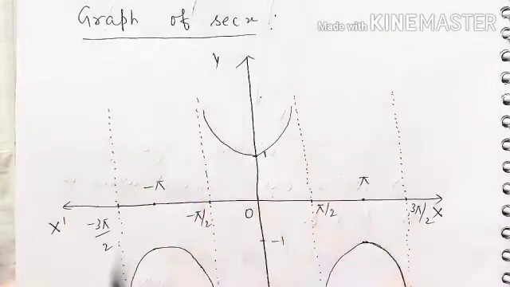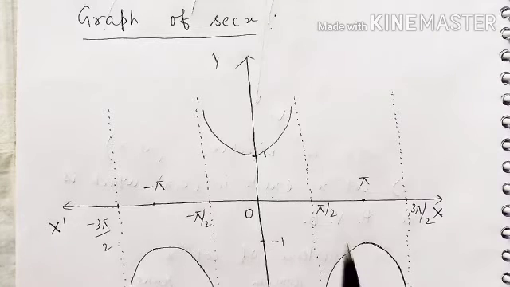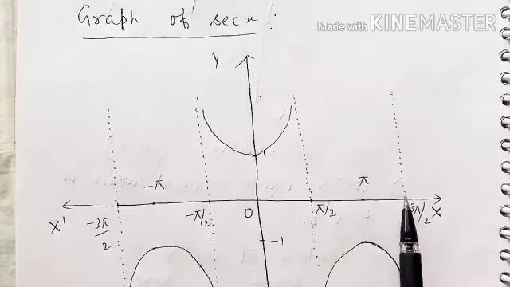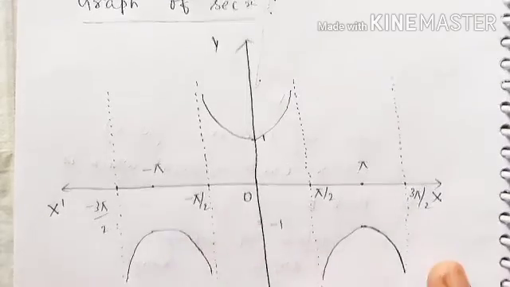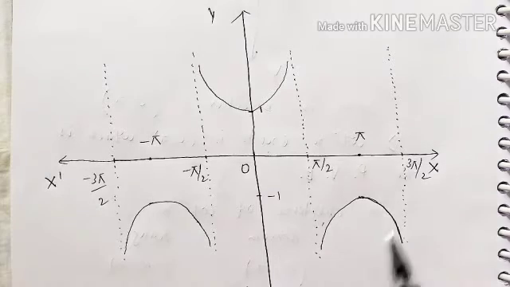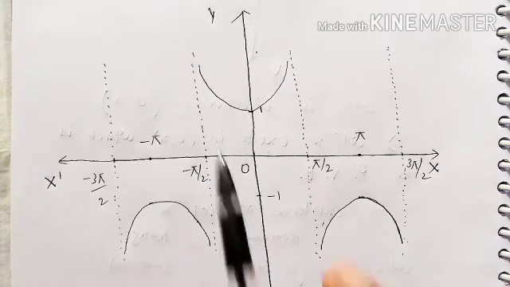Now the graph of sec x. We know that sec x is undefined at odd multiples of pi by 2. So we can see here pi by 2, minus pi by 2, and 3 pi by 2, also minus 3 pi by 2. It is undefined there, it just wants to touch this line.